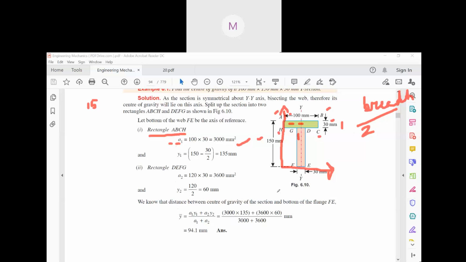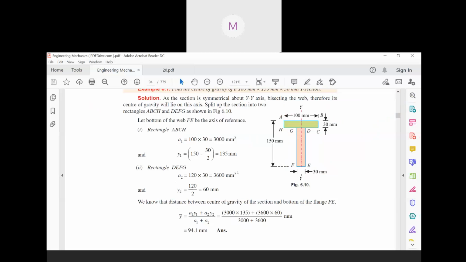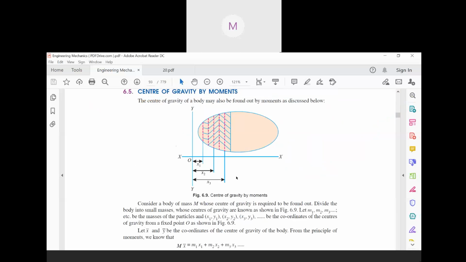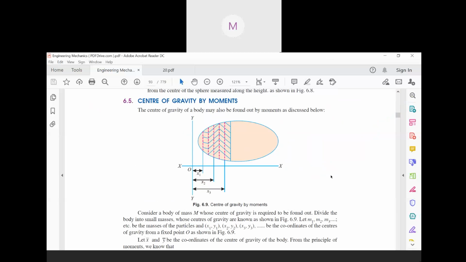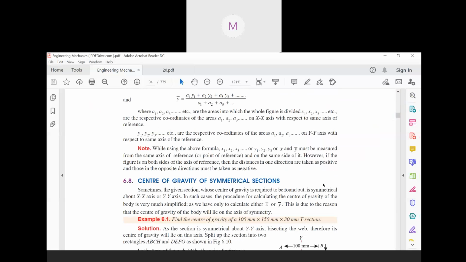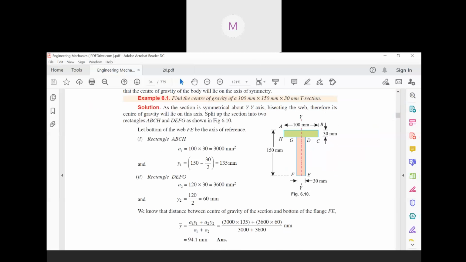For finding out y1, remember y1 is what? If you see the first figure, this is for x, just consider y. The distance from this axis, from the main axis, it is not only this part, the center part. So here you will have to find out how.